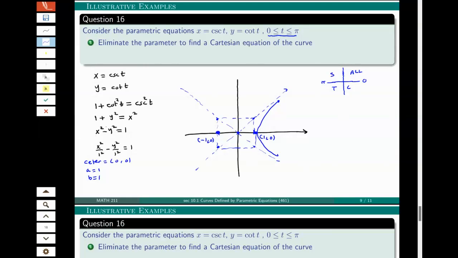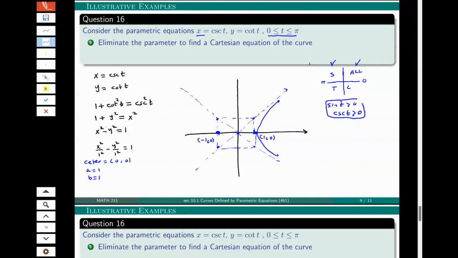So here our x is positive, because in the first and second quadrants, sine of t is positive, which means cosecant of t is positive.